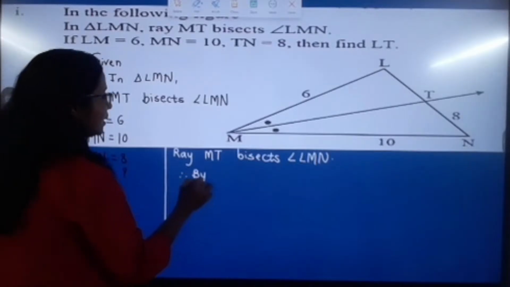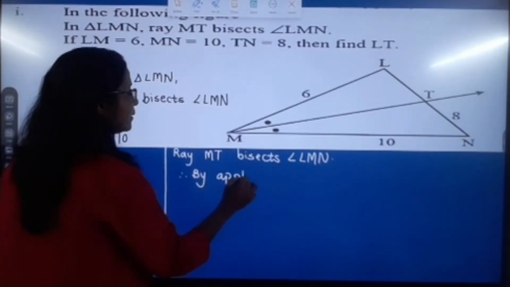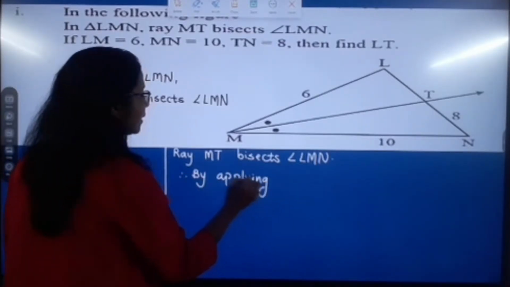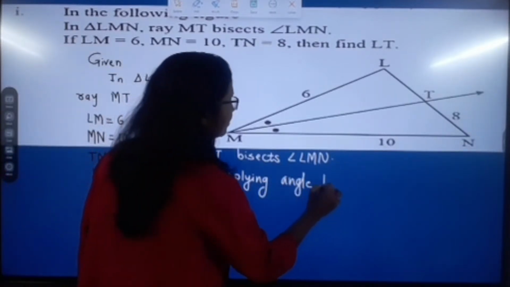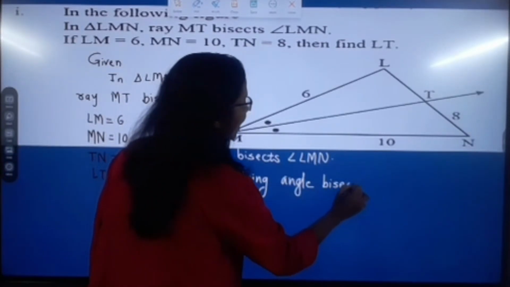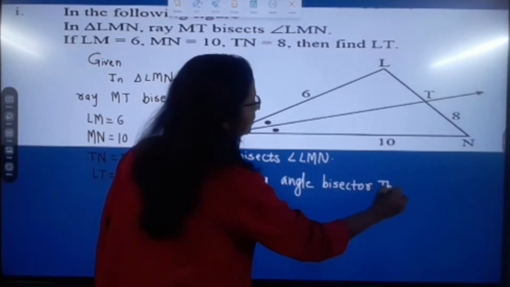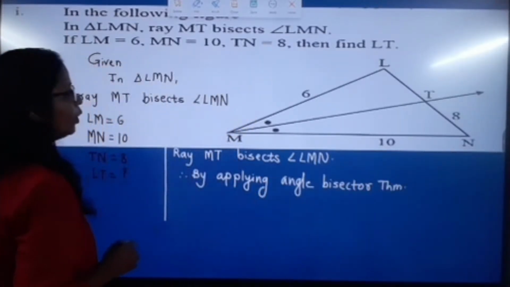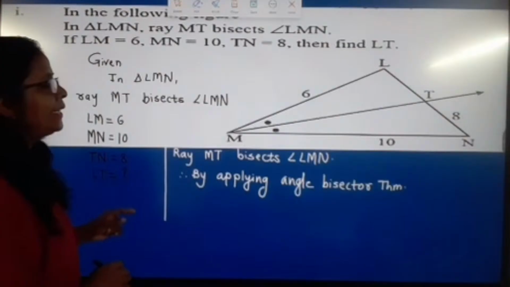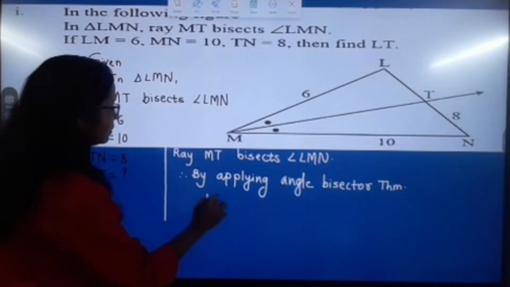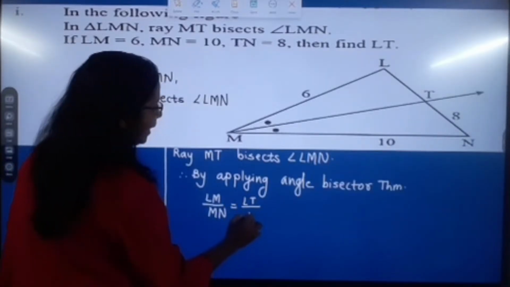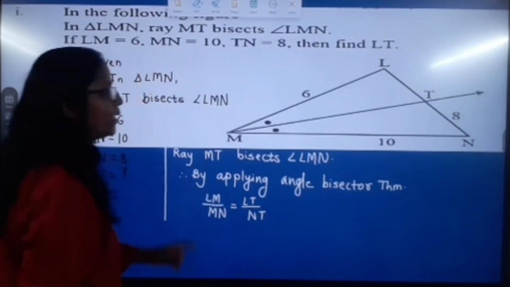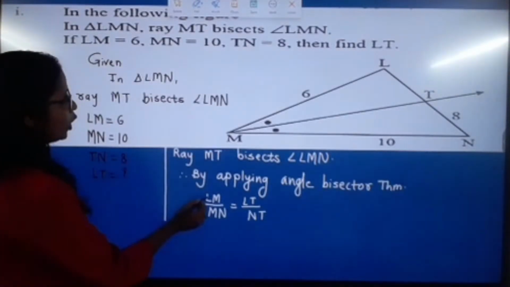Therefore, by applying angle bisector theorem, so here we can write that LM upon MN is equal to LT upon NT. Okay. Then here we put the values, students.